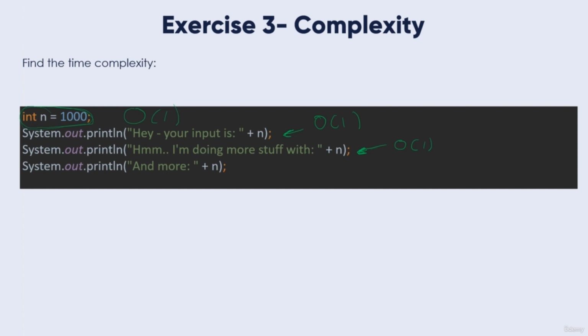Another System.out.print, printing n also and printing this message, will result in O of 1. So 1, 2, 3, and 4: O of 4, which results in O of 1. So this is the time complexity for this algorithm.